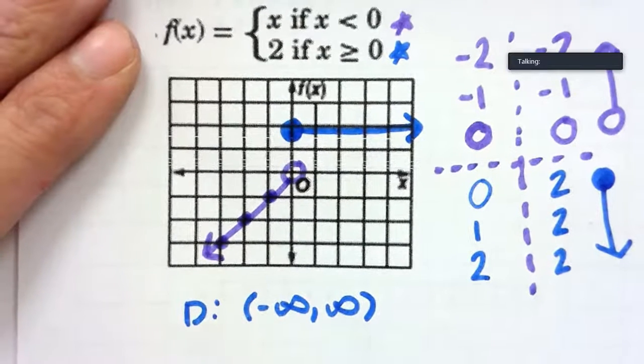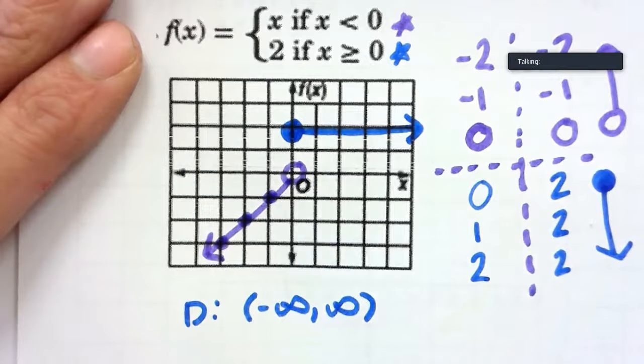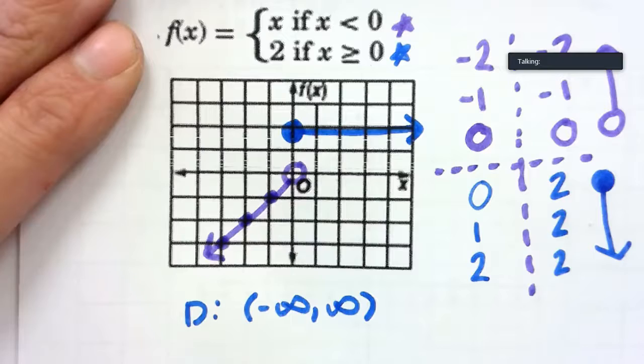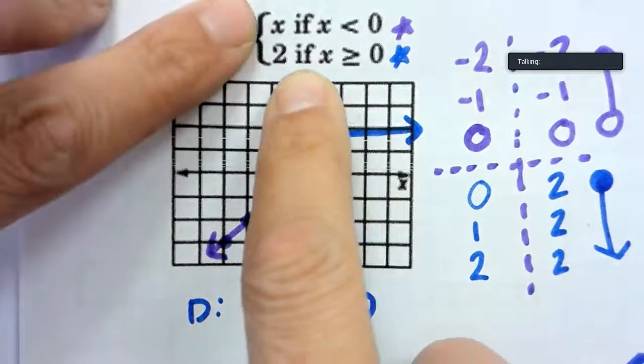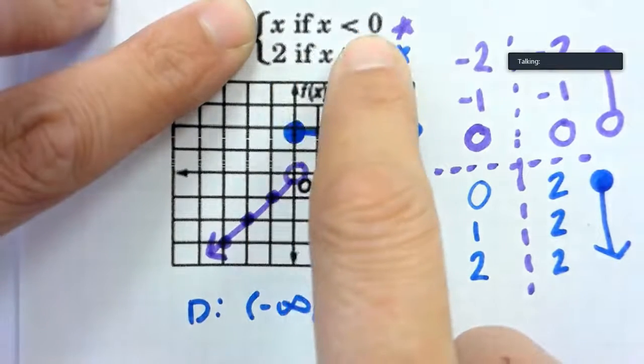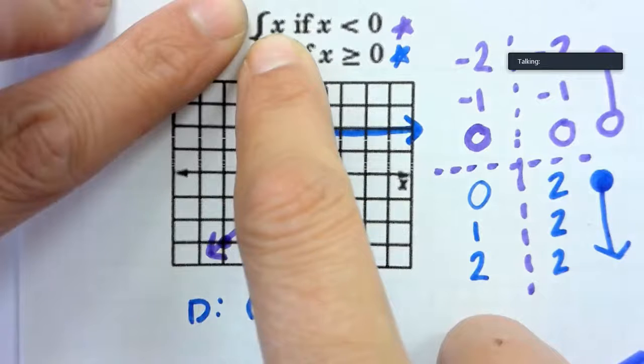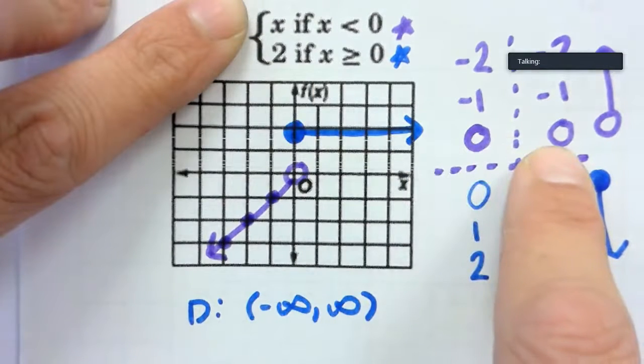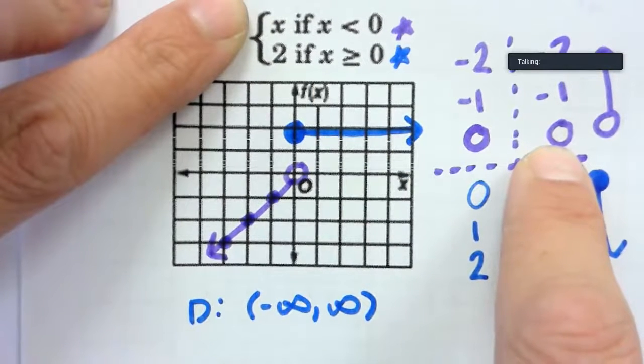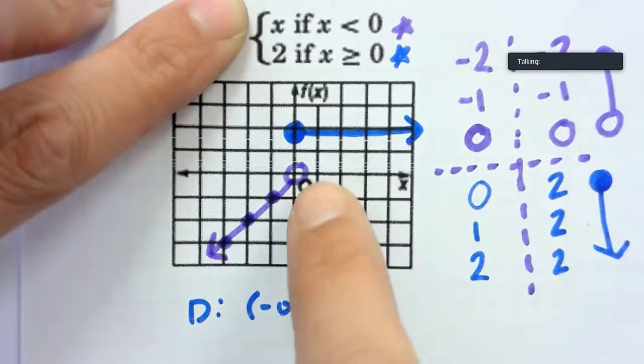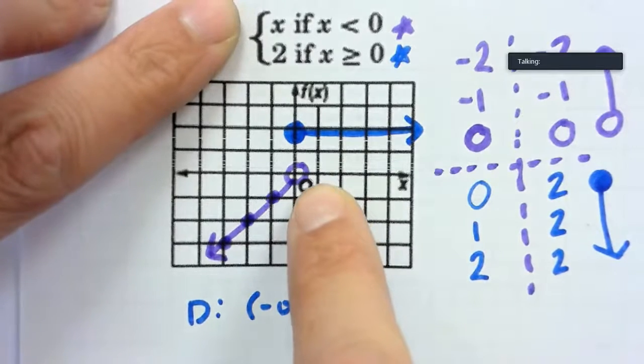Okay, so why is the first 0 open? Because of the equations right here. When you plug 0 in for x, you get 0. So that's exactly why it's an open circle.